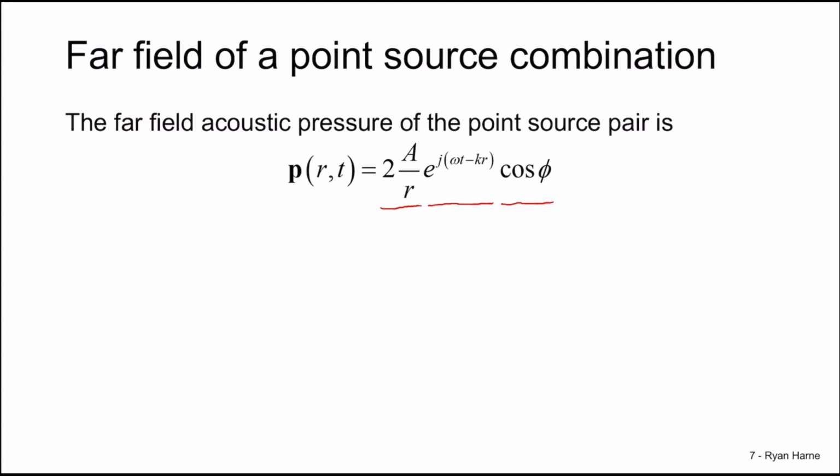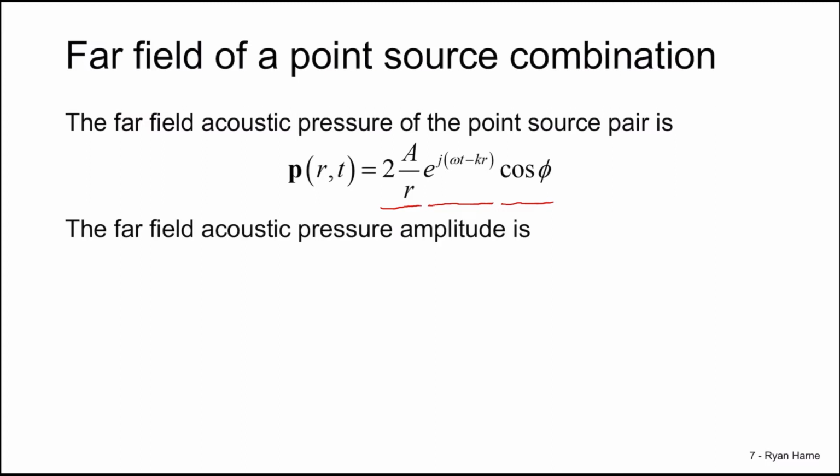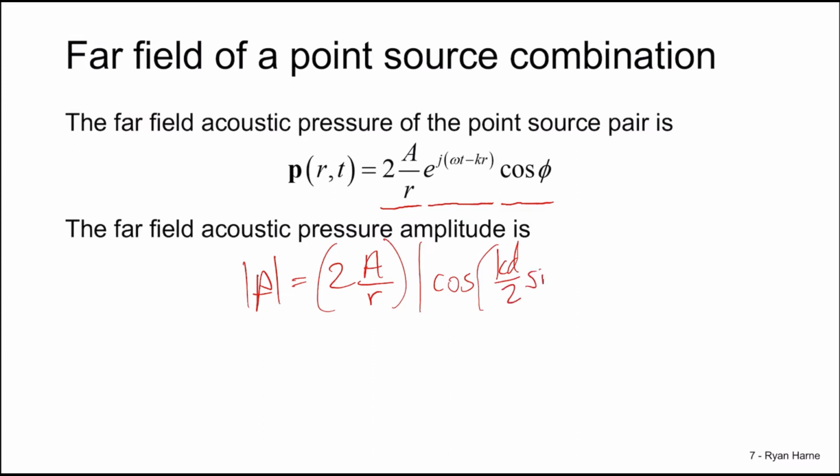When we take the magnitude of this result, we find that the far field acoustic pressure amplitude, the magnitude of our pressure P, is equal to a component 2 times A on R multiplied by the magnitude of cosine of KD on 2 sine theta.